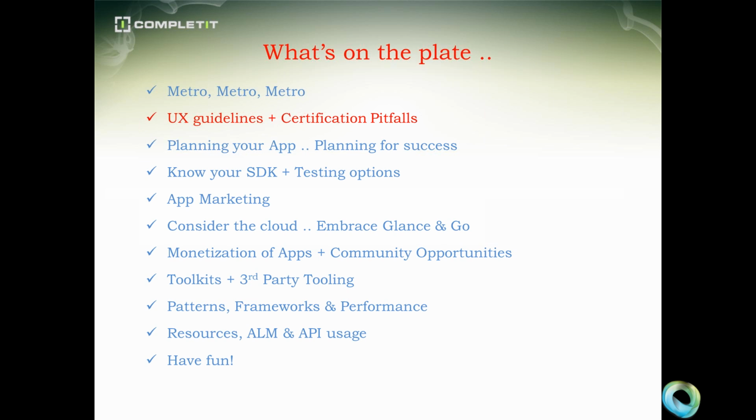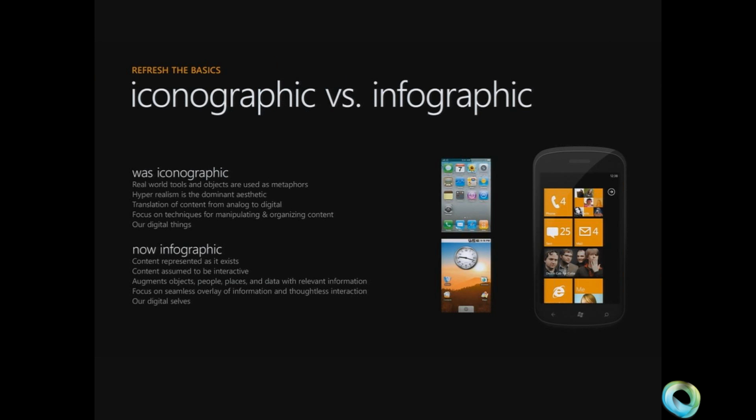So Windows Phone, as we know, and again, you will not hear me say one bad thing about iOS or Android, because they have been around for a long time. There's a lot to learn from those guys. But at the same time, we can be proud in the fact that we are different, right? We are infographic versus them being iconographic. We do not take things from the real world and do illustrations and metaphors in the phone app, because your creation lives on a little 4.3-inch screen maybe, right?